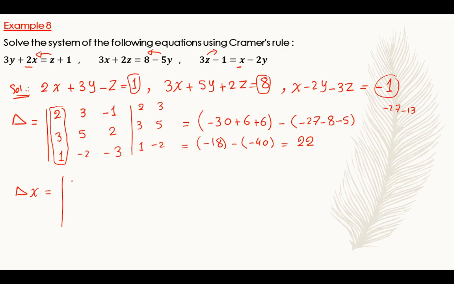So here we have 1, 8 and negative 1. Write the other two columns as they are, 3, 5, negative 2, and negative 1, 2, and negative 3.